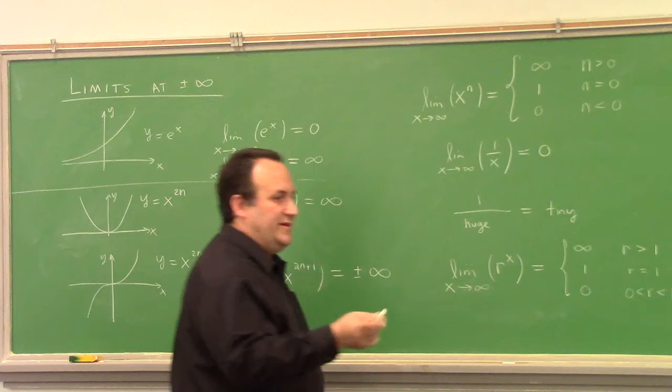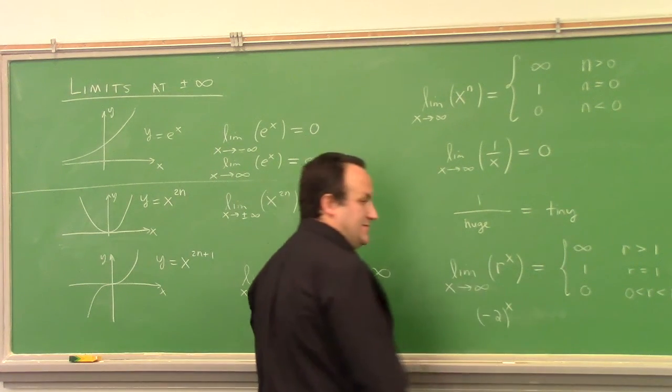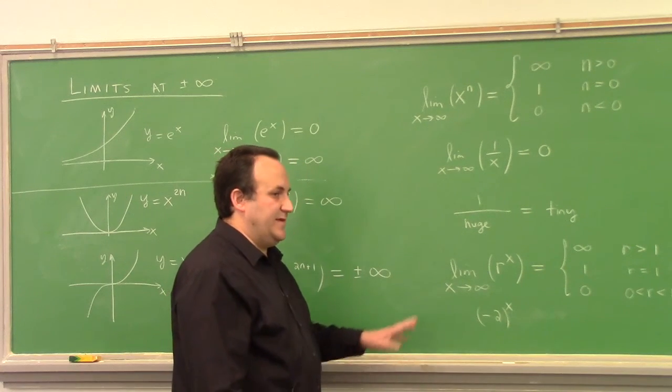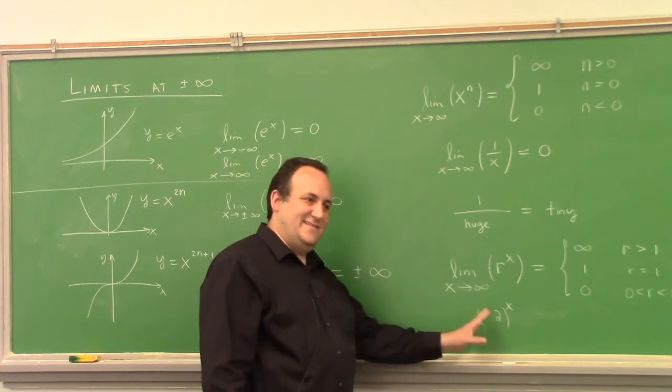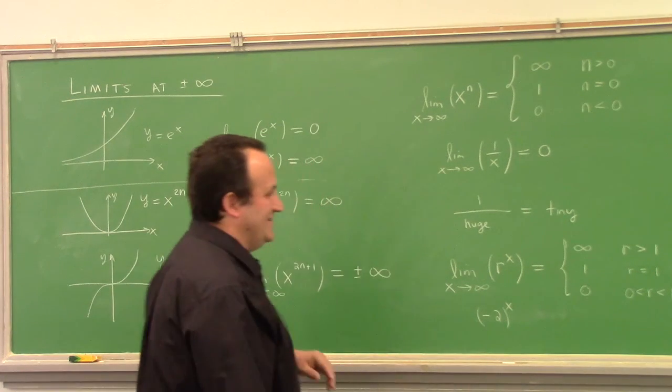The thing is, I wouldn't actually think about something like minus 2 to the x power. This is not a function we think about. This formula is not something we think about in calculus. Those are bad. We actually don't talk about those.